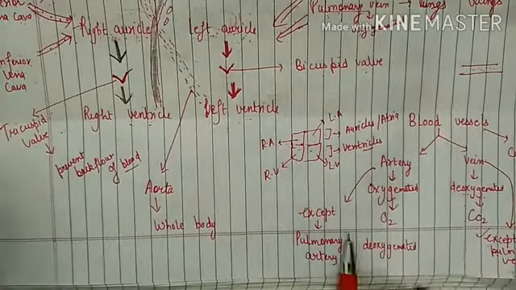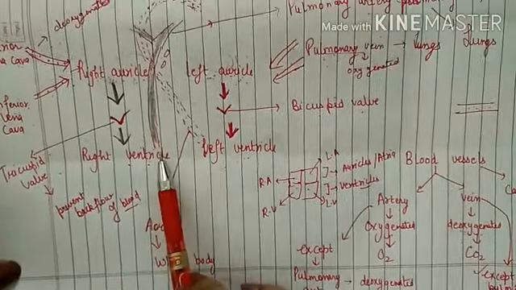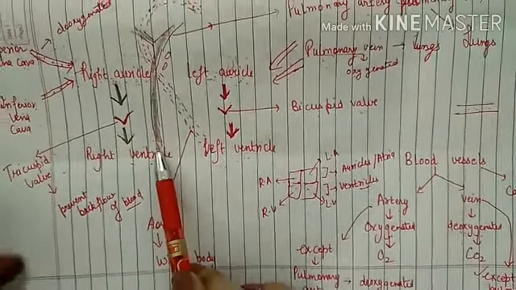This means the pulmonary artery takes the blood from the right ventricle, and from the right ventricle it will move to the lungs, and in the lungs it will take up the oxygen, and finally this oxygen rich blood will come back into the body through the pulmonary vein.